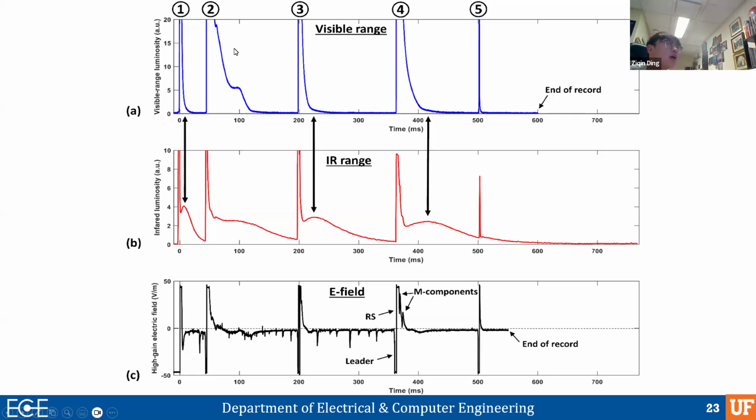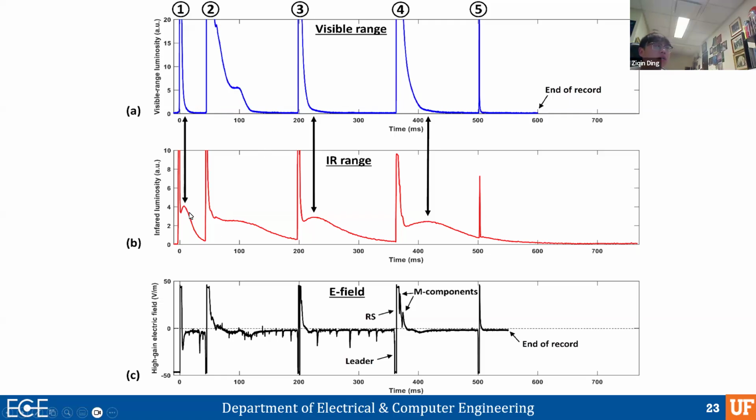And we can see that visible and infrared are really different. Here there are 5 return strokes, and the visible luminosity will always decay to 0 during the interstroke interval. In other words, after the first return stroke there will be continuing current, and after that you will see no visible channel anymore until the next dart leader return stroke happens inside that channel.